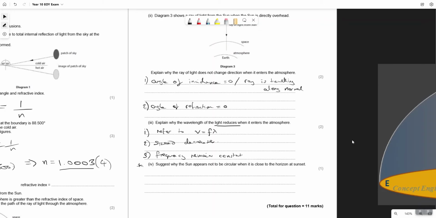So what they gave credit for here is that light from the top or the bottom of the sun refracts by different amounts.